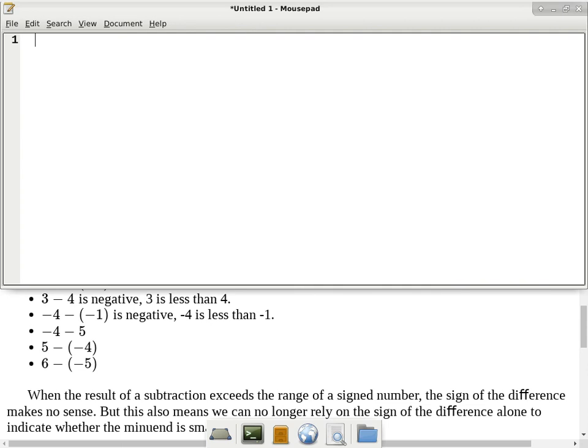Okay, so I'll give you a few examples. I'll give you one example where the sign bit is going to lie, and therefore we have a problem. Okay, so let me see. Okay, this will work. So 010 minus 101.